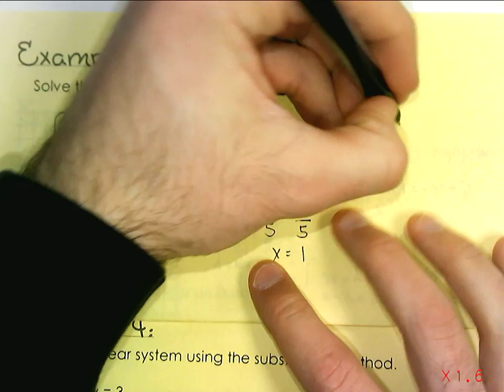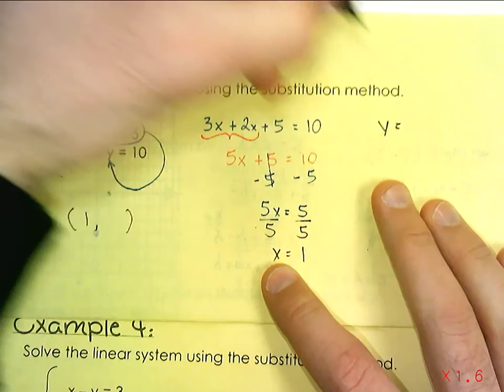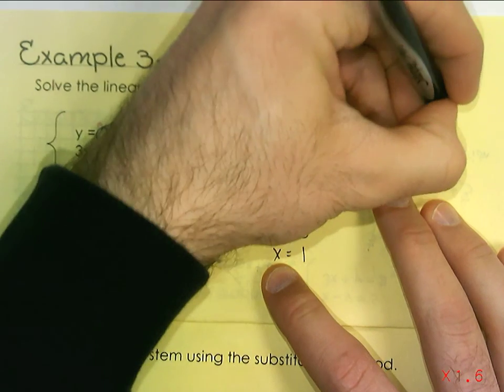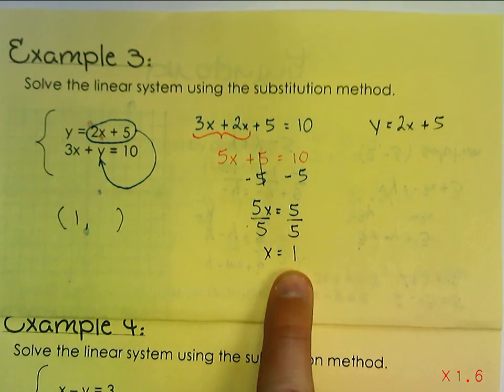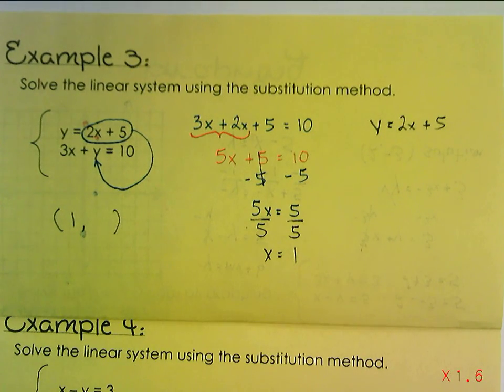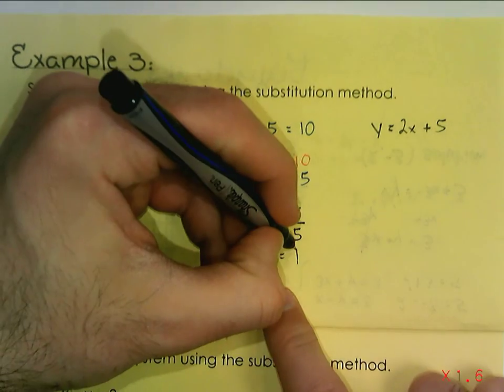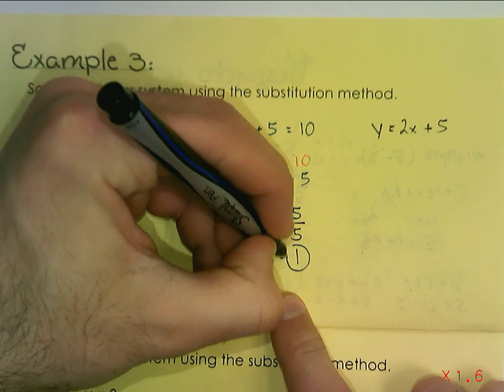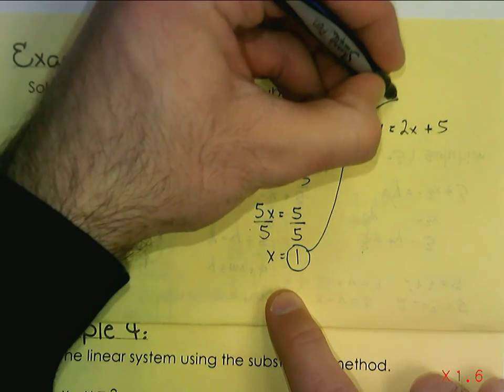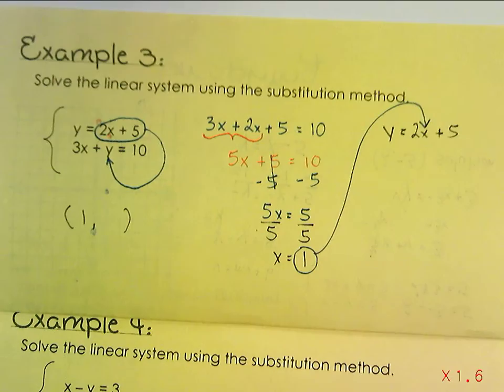So if we say over here y equals 2x plus 5, I'm going to substitute, so I'm going to use this little arrow thing again that we did. I'm going to substitute this 1 in for x, because it's the same thing. We know that x is the same thing as 1.